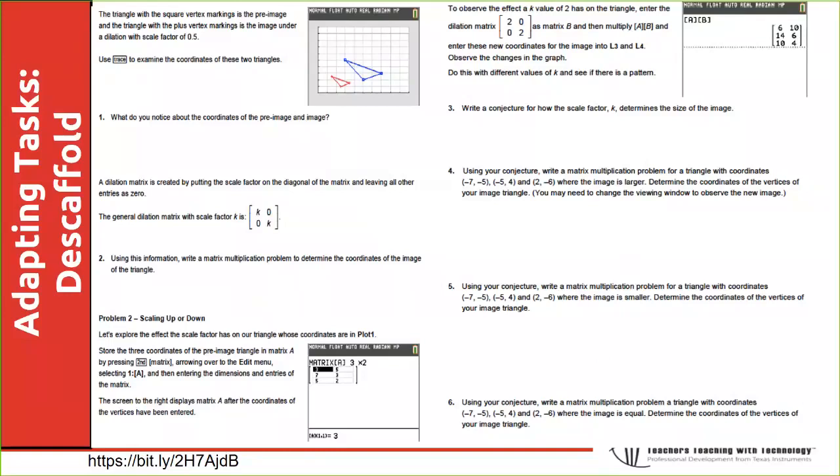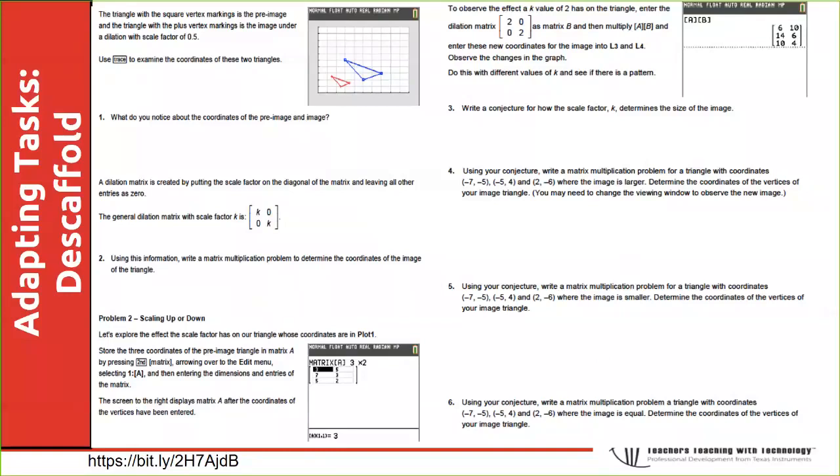If I were given my points in 2 matrices, could I figure out what that other matrix is to get from one to another? That's a possibility, and that would certainly help us understand how this matrix is impacting the size of our polygons between the pre-image and the image.